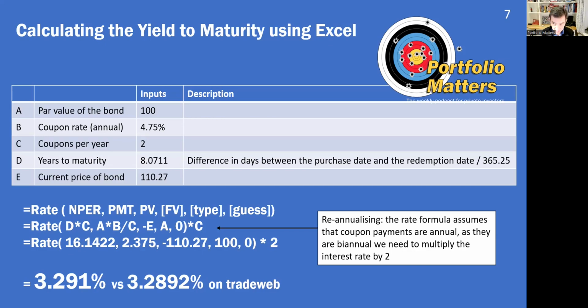So if we do all that, we get 3.291%, which is very close to the TradeWeb number of 3.2892%. Now, I really suggest you go away and try and mirror this calculation so that you understand how the rate function works in Excel.